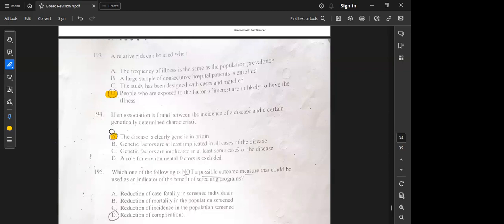Me, I'd go with C. That genetic factors are implicated, at least for some cases of the disease.